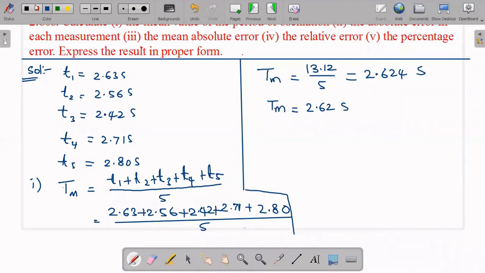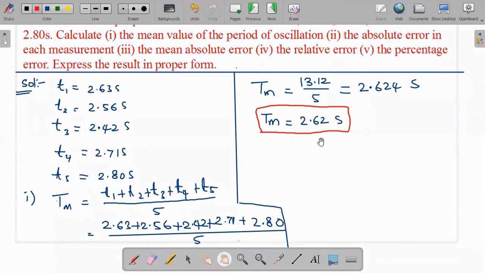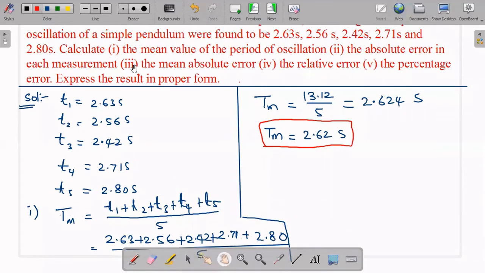Now the next one. Only one part is completed. Next part, let me move a little down. The second one is the absolute error in each measurement. The absolute error formula is the measured value minus the true value, and if we do that, we get the absolute error.